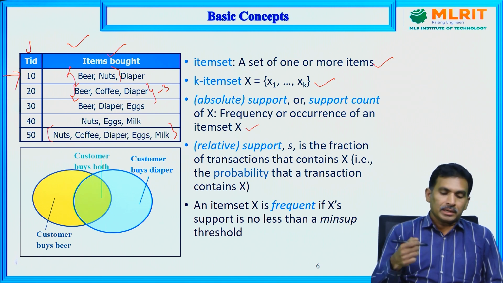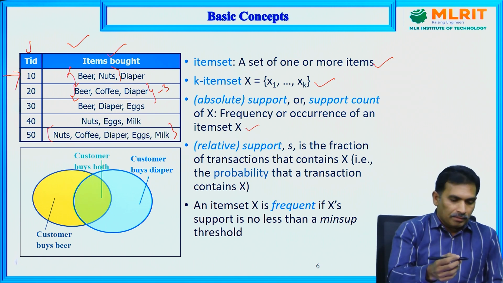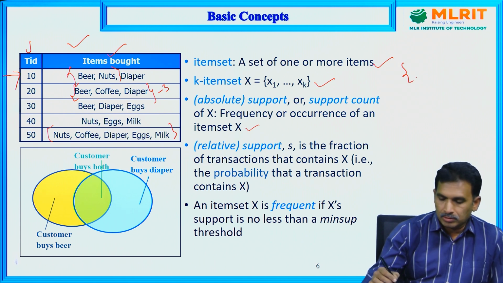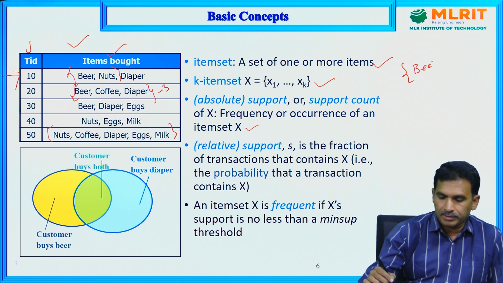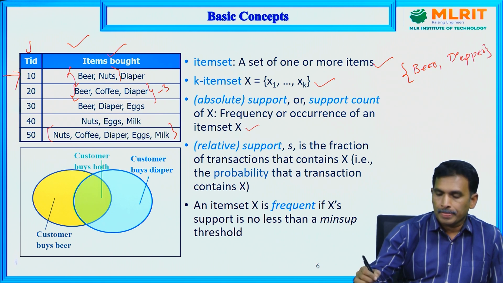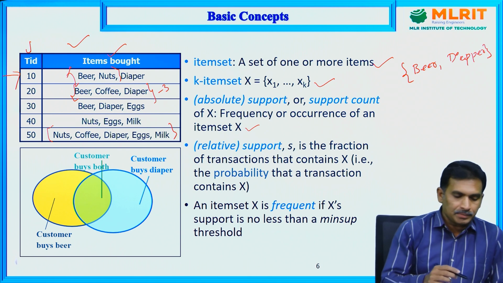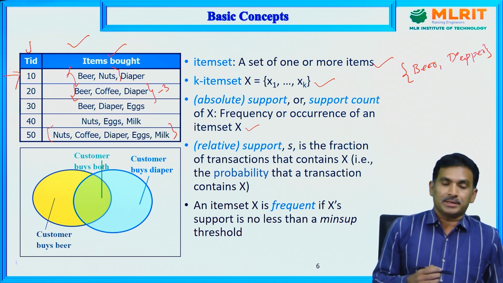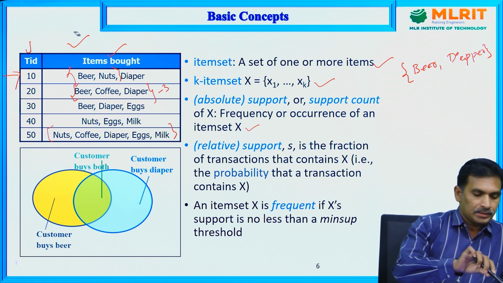For example, let me take an item set having beer and diaper. In how many transactions does this item set appear? Let us quickly check.